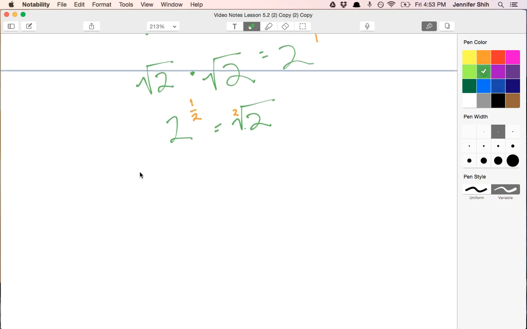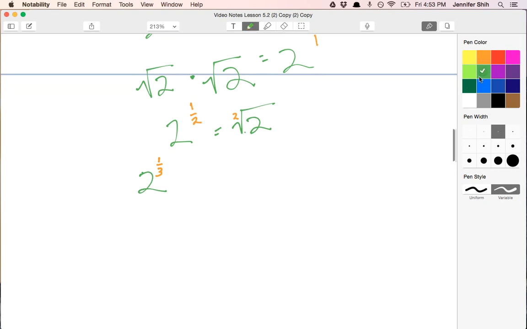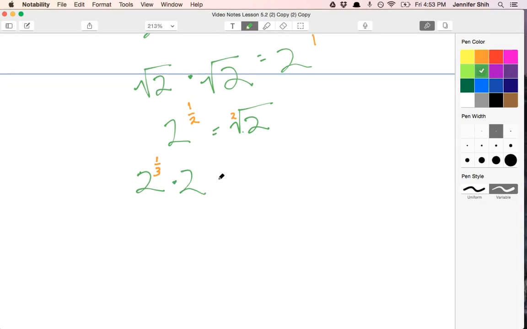The other number we were dealing with today was 2 to the 1/3 power. Let's try doing the same thing. What is 2 to the 1/3 times 2 to the 1/3 times 2 to the 1/3? That's going to be 2 to the 1/3 plus 1/3 plus 1/3. Notice that this little 3 is how many times we're multiplying it, and that's how many times we're adding.